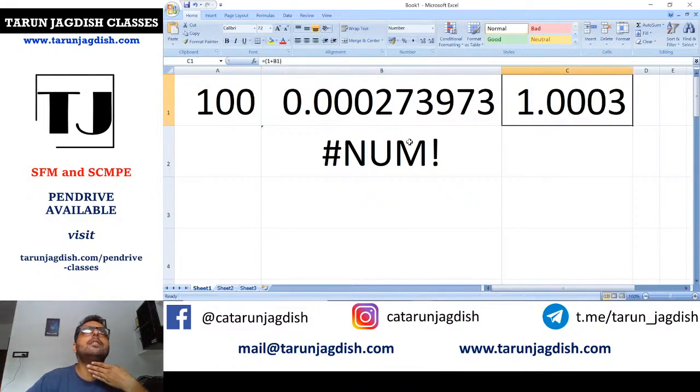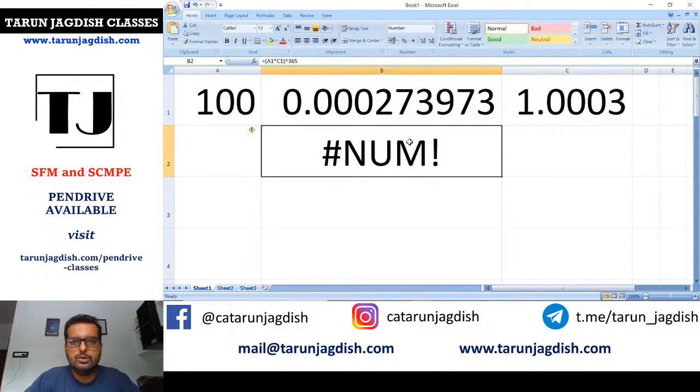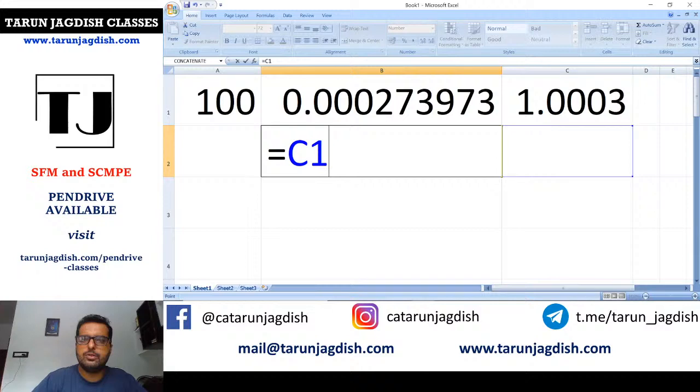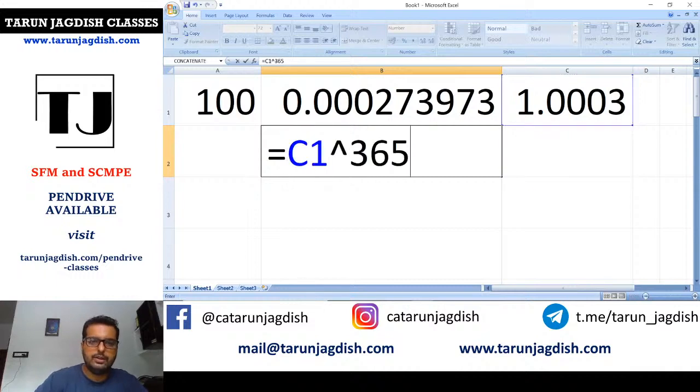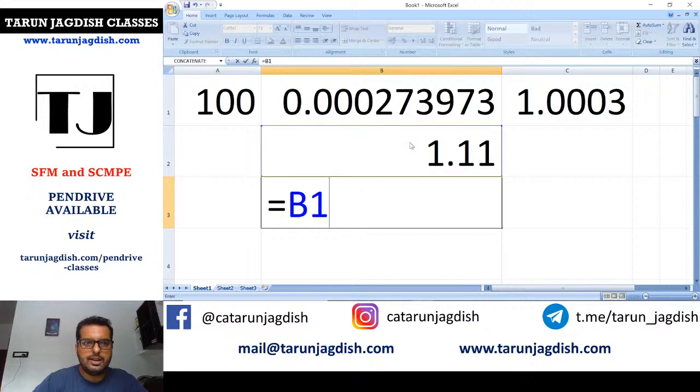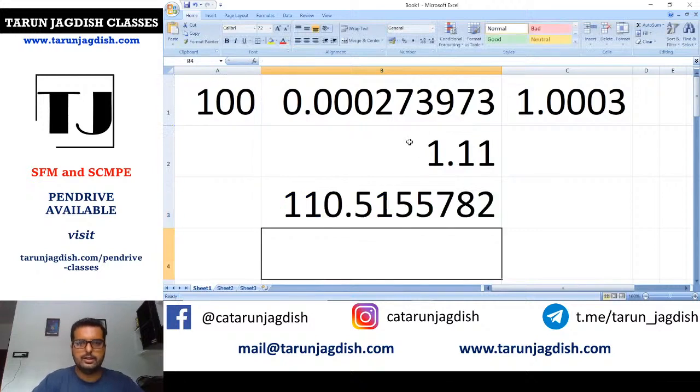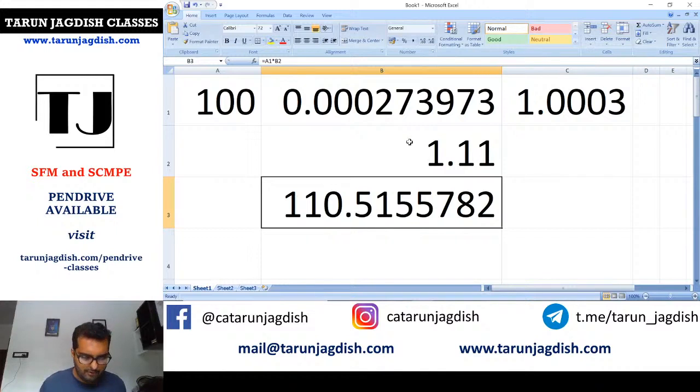This is 1 plus this rate. Let me do it one more step. This will be this raised to 365. So whatever answer I get, 100 into this, I'll get the same answer as 110.51.